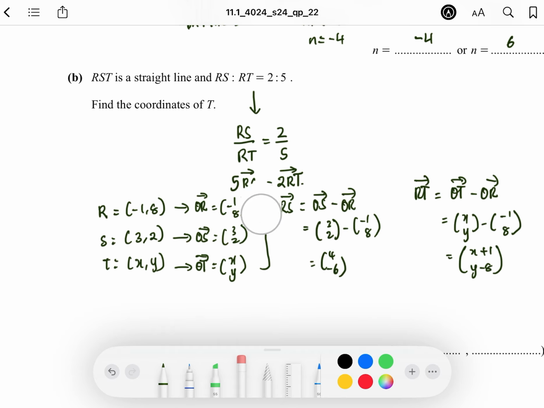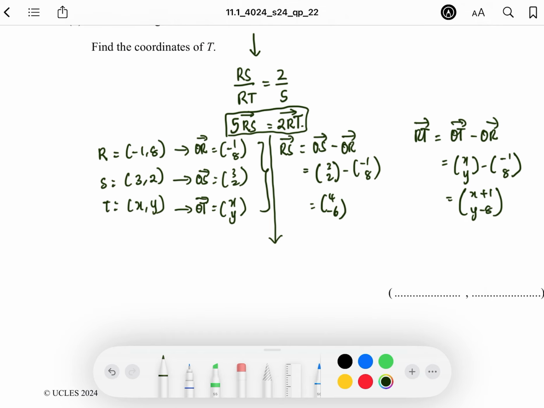Now, for this expression, we have RS, which is 4, -6.